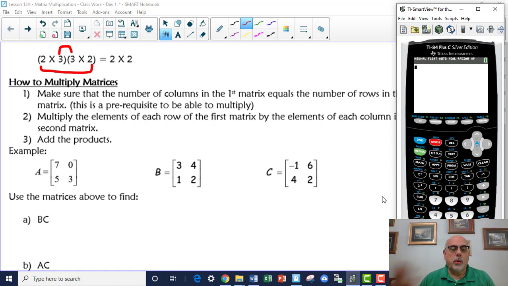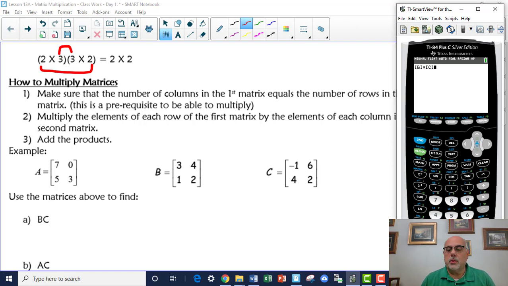So we want to find B times C. So we're going to go second matrix, move down 1 to B and hit enter. Then the times sign right here, right? Times, second matrix, move down 2 to matrix C, B times C. Right?